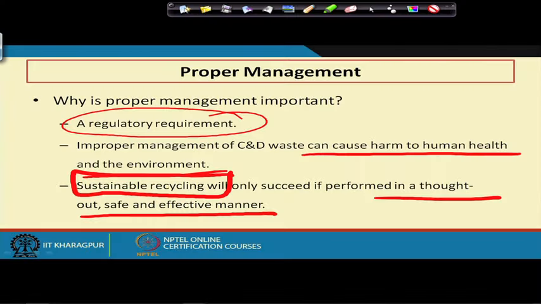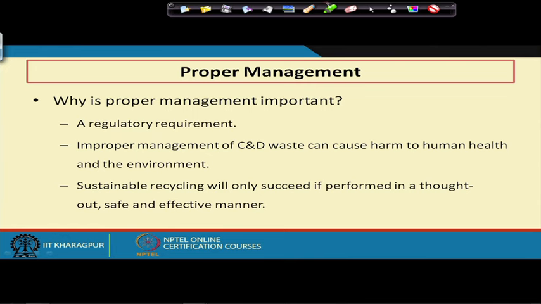So even for C&D recycling, there should be a good amount of market for those materials. You should be able to get some money out of it so that you are at least self-sufficient. If you are not making a lot of money, you should be at least self-sufficient. That's very, very critical in terms of having a proper recycling of C&D waste.